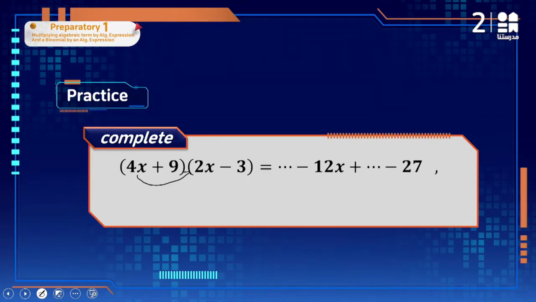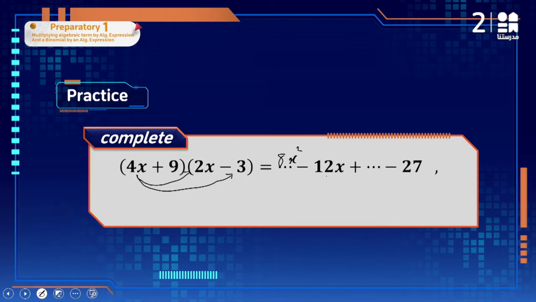4x times 2x. So it's 8x squared. Then this 4x times negative 3 is negative 12x. It's written. Good.